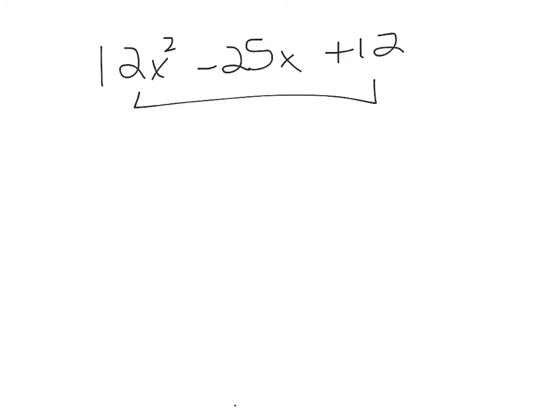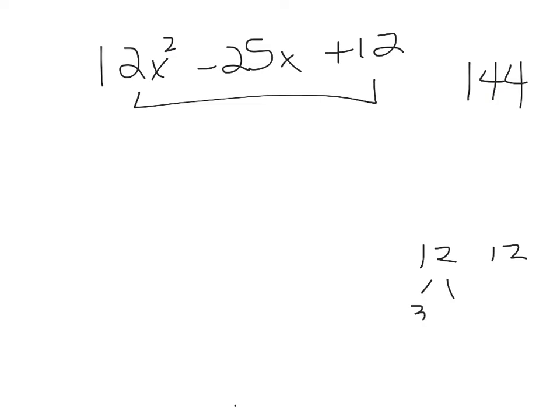Is number 12. 12 says 12x squared minus 25x plus 12. Okay, this one, when I multiply, I'm looking for the factors of 144 that are going to give me 25. For this one, I'm going to do that little thing again, do the 12 and the 12.